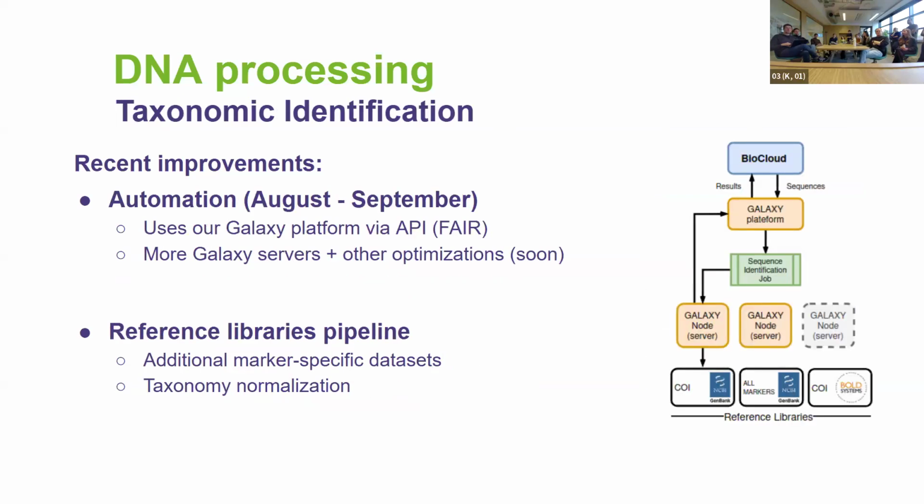The taxonomic identification is one of the validation steps that occurs after we send the data to BioCloud. So in the summer, we worked on a new system using Galaxy, which is a platform where researchers can run analyses, and we use it programmatically as well.